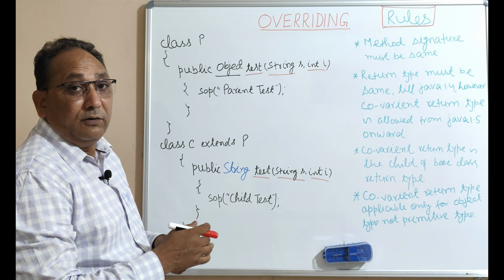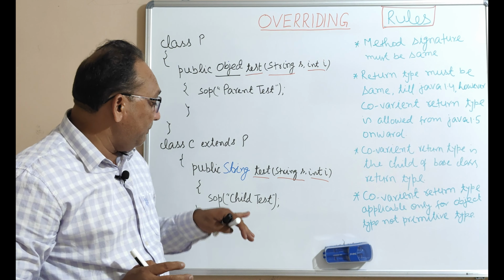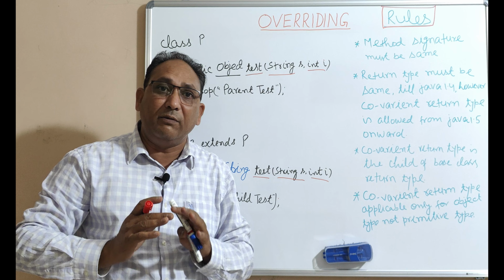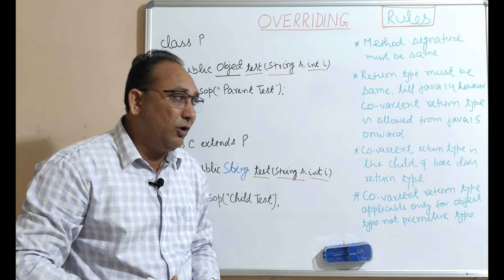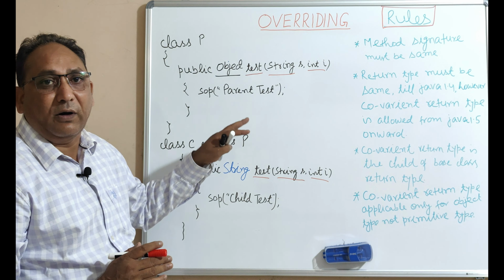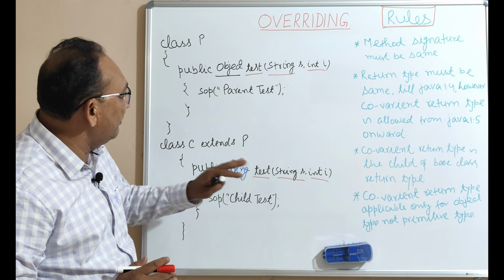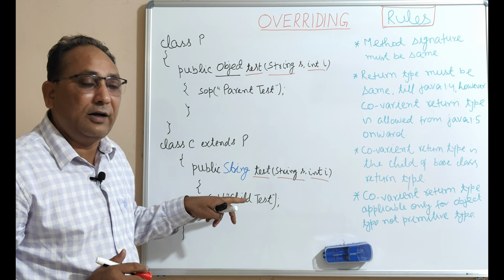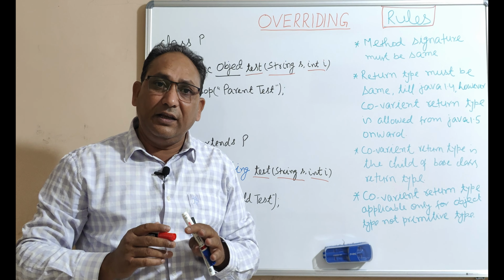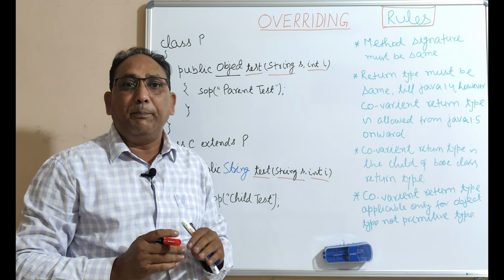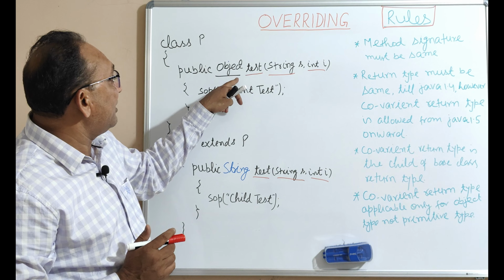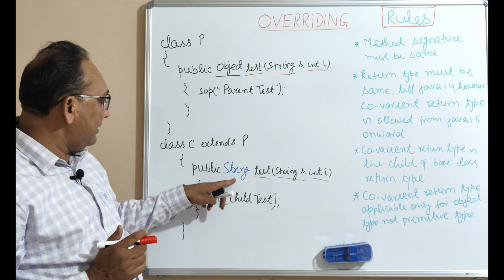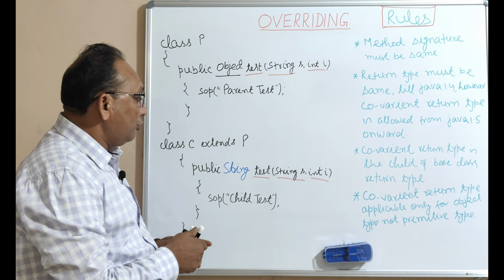Make sure you understand this concept: covariant return type came into the picture from Java 1.5 onwards. Till 1.4 this will not work, but from Java 1.5 onwards it will work. So this is called covariant return type. Here the parent return type is object, and here the child return type is string.